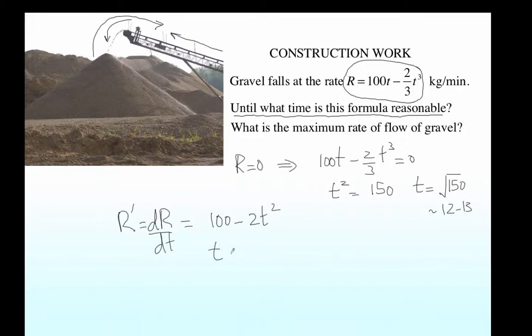When r prime is 0, t will be square root of 50, which is 7 point something. 7 sevens are 49, so it's going to be pretty close to 7. If we put 7 into the formula, then we get the rate is 100 times 7 minus 2/3 times 7 cubed. And you can work out whatever that is.